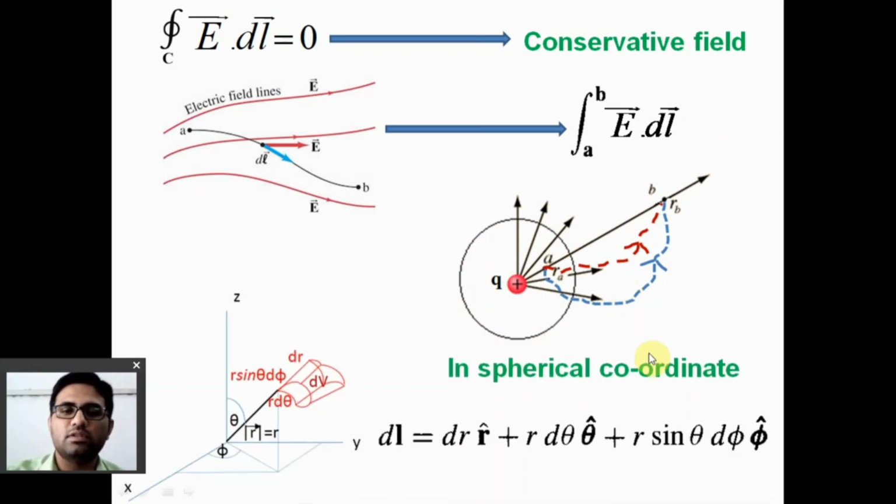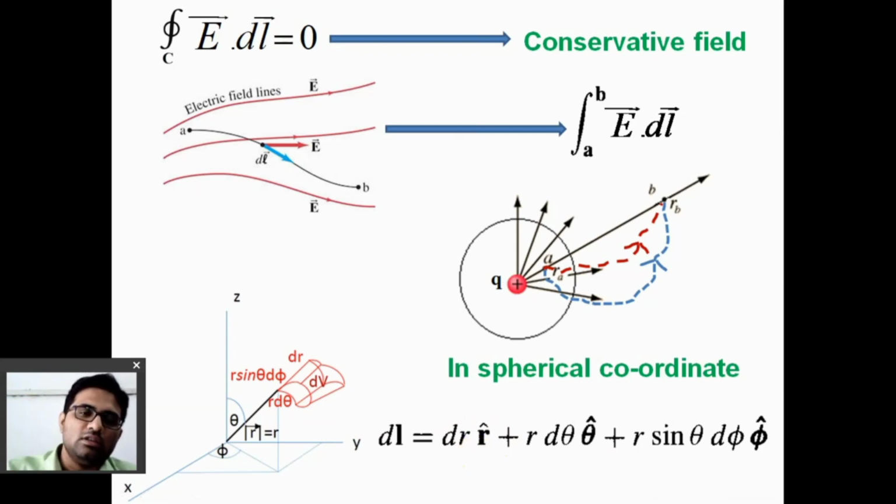Now in spherical coordinates, what will be the form of the small elemental length dl? It can be written like this. This dr is a small elemental length along the r direction.